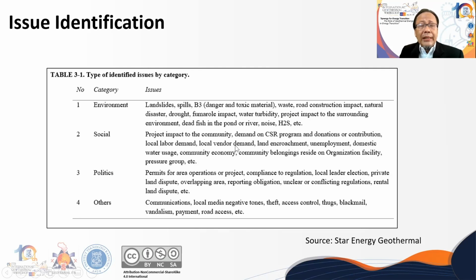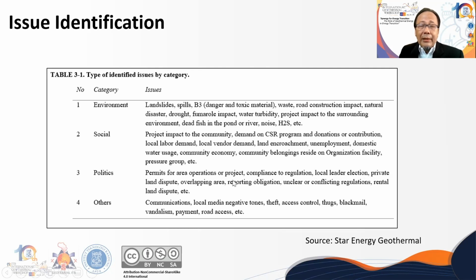It also has the surrounding community. They have their own issues, like grievances, and also from the political side, from the government and regulation as well. The local leader election could become an issue when they try to approach us to support them, whether we have to support them or stand in a neutral position.